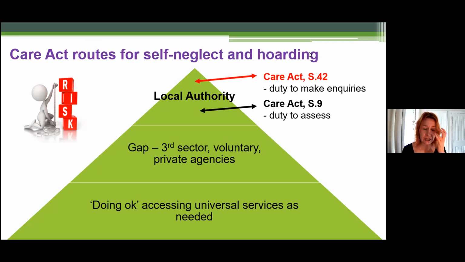And then additionally, as I've said, self-neglect is included as a category of abuse under adult safeguarding, and therefore the local authority has a duty under section 42 of the Act to make inquiries or cause others to make inquiries if an adult has care and support needs, if they're self-neglecting, and if they're unable to protect themselves from the self-neglect because of their care and support needs.